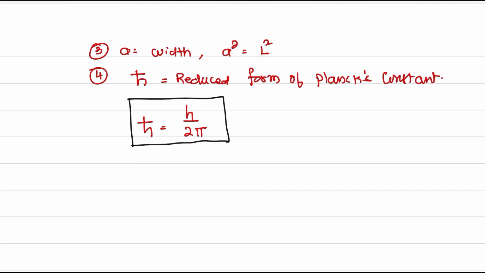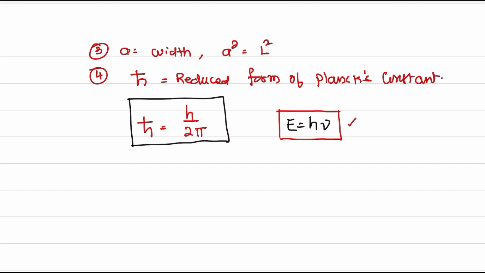Then what is Planck constant? You know very well a famous equation of energy. Energy E is equal to h nu. Please remember this equation, a very famous equation in modern physics: E is equal to h nu, where E is the energy and nu is the frequency.